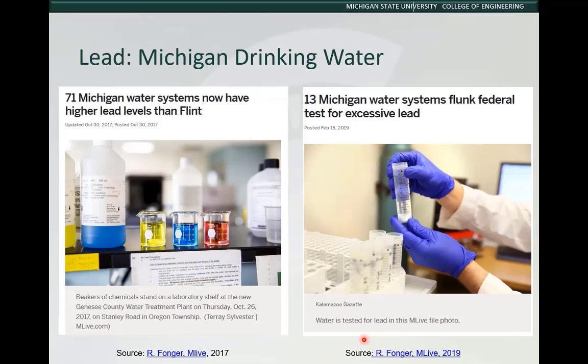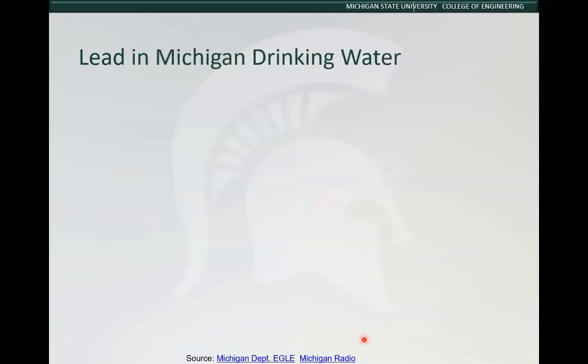The article on the left talks about 71 Michigan water systems having higher lead levels than Flint. The one on the right in 2019 says that 13 Michigan water systems flunked the federal tests, the 15 parts per billion lead level, the action level for drinking water systems.